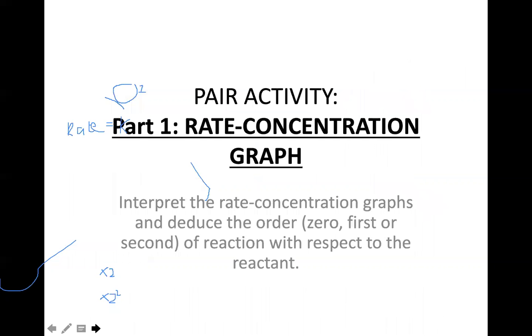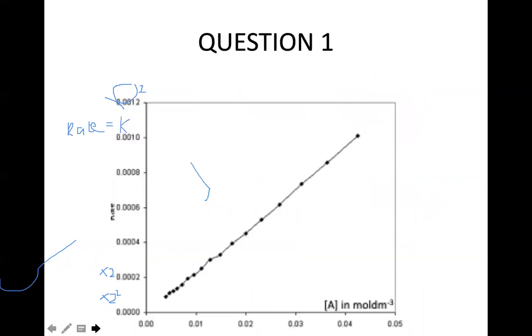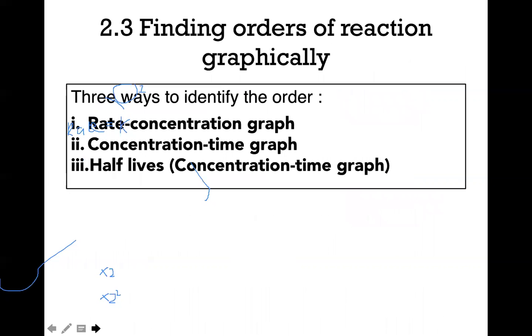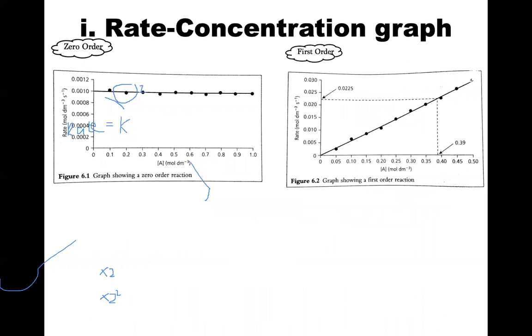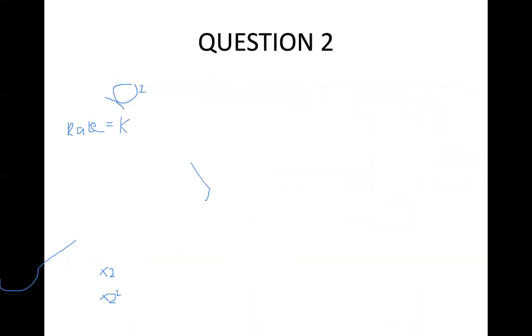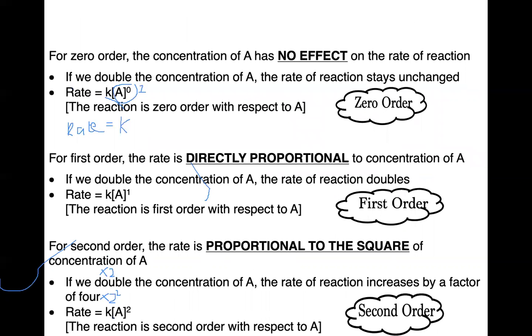For tomorrow's lesson, we are going to use the graphs to work out the orders. Now you already know what zero, first, and second order are. In the next lesson, we will look at the graph and how we could use it to determine zero, first, and second order.